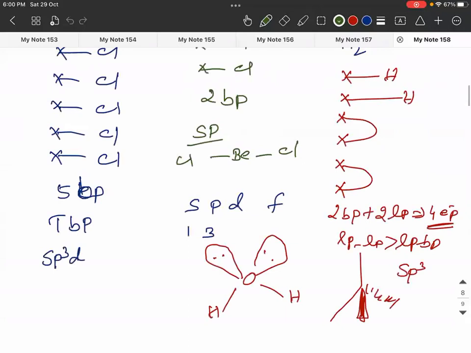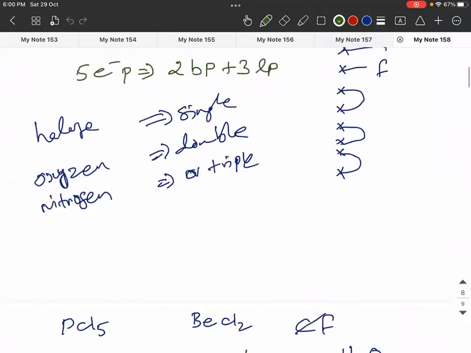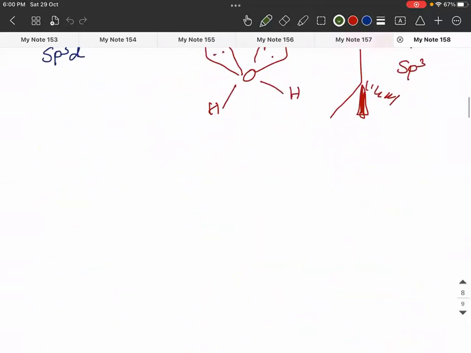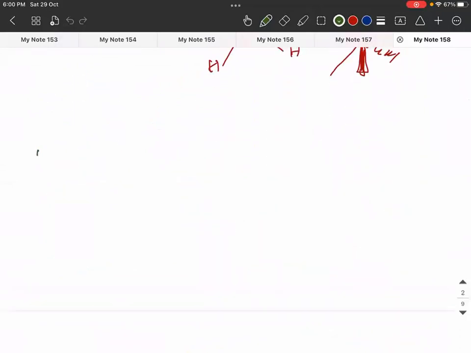So we'll go for the VSEPR theory. Up to 5 we have got now. So 5 means 4 plus 1 we also draw. So this is bond pair, this is lone pair, 3 bond pairs and 2 lone pairs, which we draw for 5.